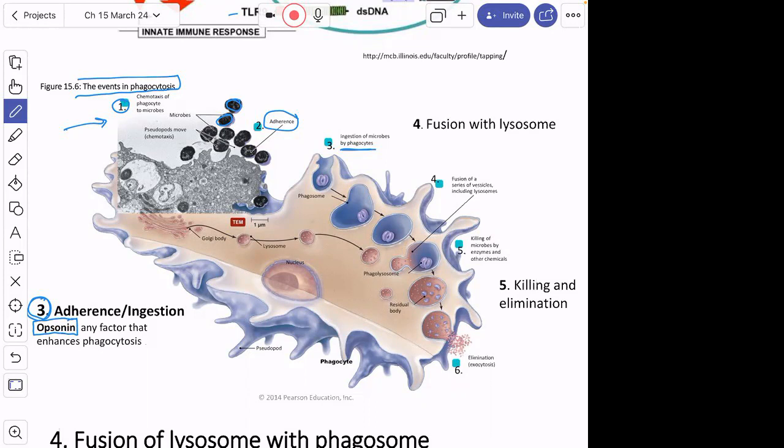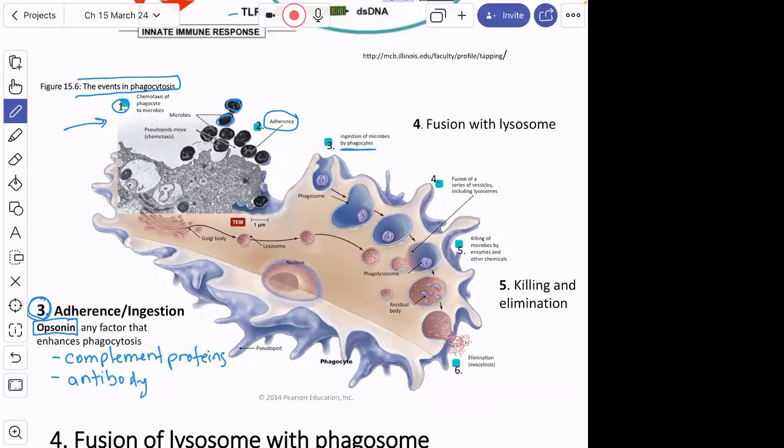There are a couple of things I'll talk about later, but I wanted to mention them here as opsonins. There are complement proteins that can make the cell more likely to be successful in phagocytizing a pathogen, and antibody can also act as an opsonin.